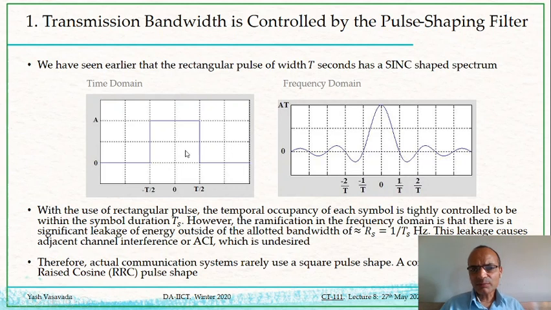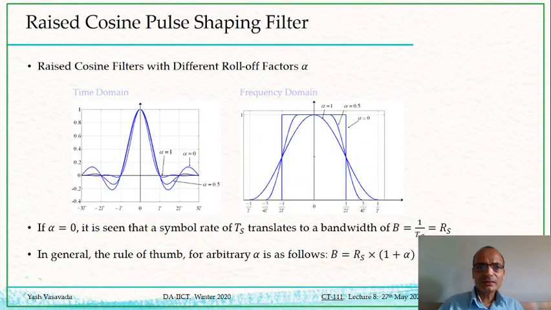So that is why impulses are never transmitted. But not only impulses, even these square shaped pulses are also not preferred pulse shapes for transmission. And so instead of square pulses, there is something called a raised cosine filter, which has a particular shape, which is shown like this.